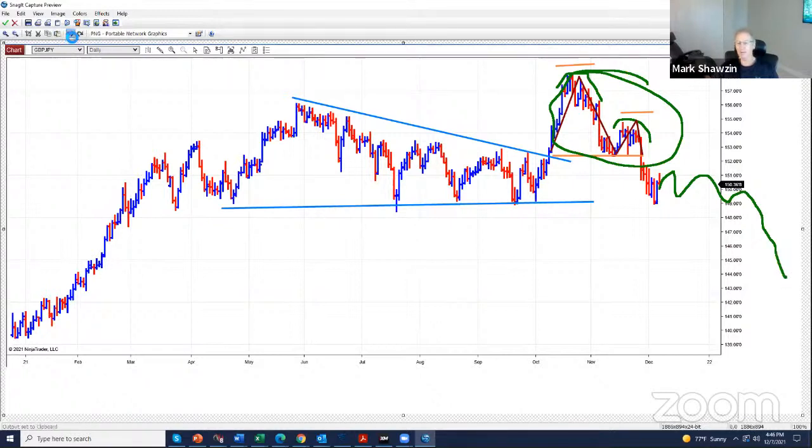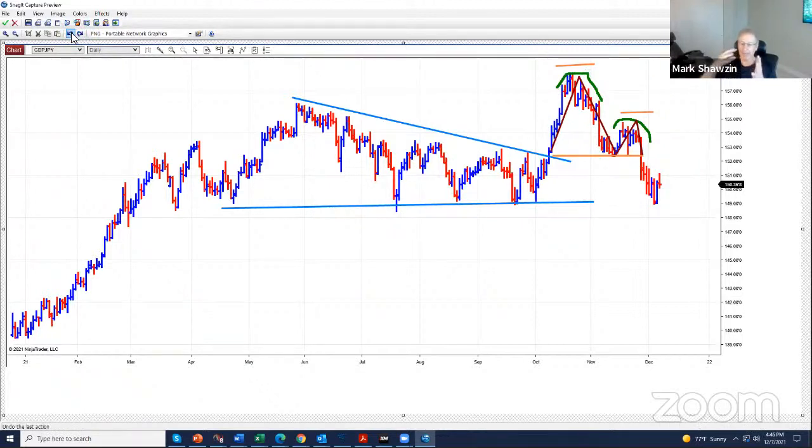In what trajectory, what time frame, that part we don't know. But once I understand that this thing looks like it's coming down, then I look for ways to join this trade, where I can understand where to hop aboard and how to assess my risk. There are a lot of unknowns, but if you can assess your entry and know your risk, that's the closest thing you're going to find to the holy grail of trading.